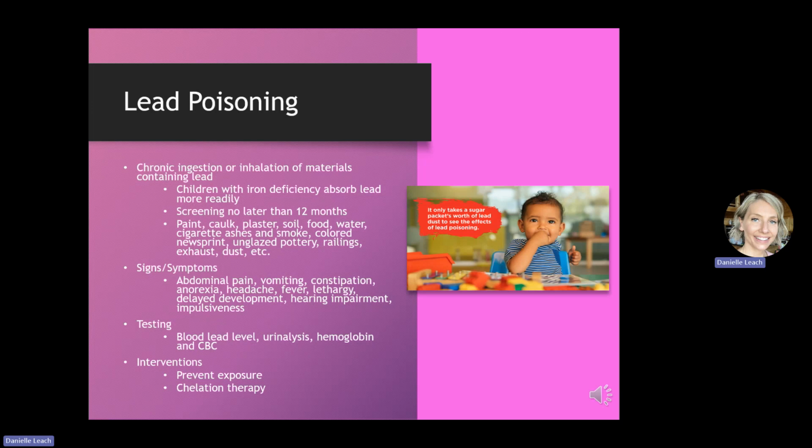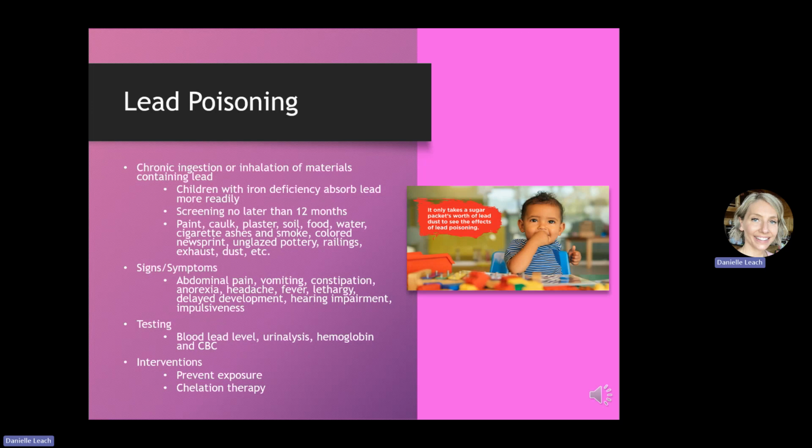So places where lead can be found, most commonly is in lead-based paint, which is no longer made, but can still be found in places like older homes or older apartment buildings or things like that. Also other things related to that, caulk, plaster, soil can be contaminated with lead.